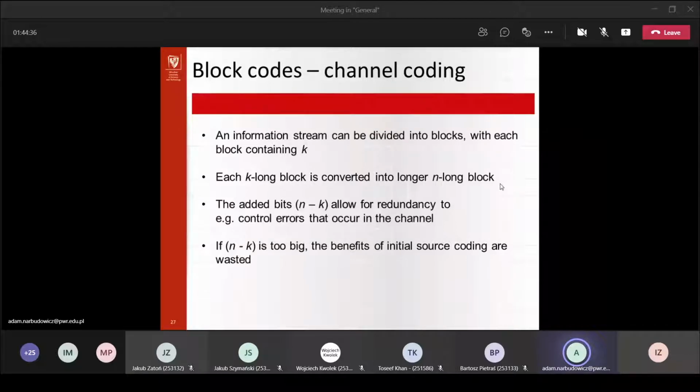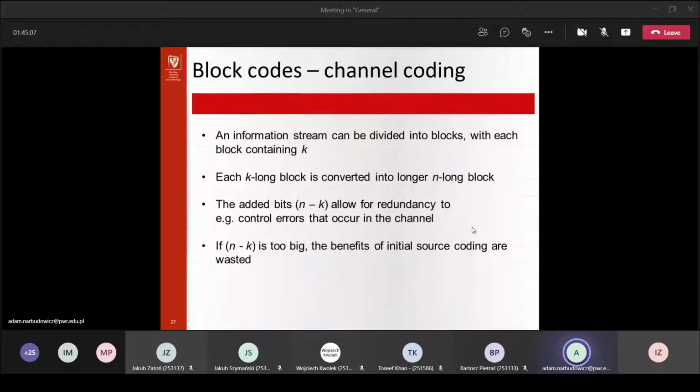Now, obviously, there is some trade-off here. If we add too many bits into the code, we basically jeopardize the source coding. If you add too many bits, you put more burden on your communication channel, and that might not contribute to anything good.